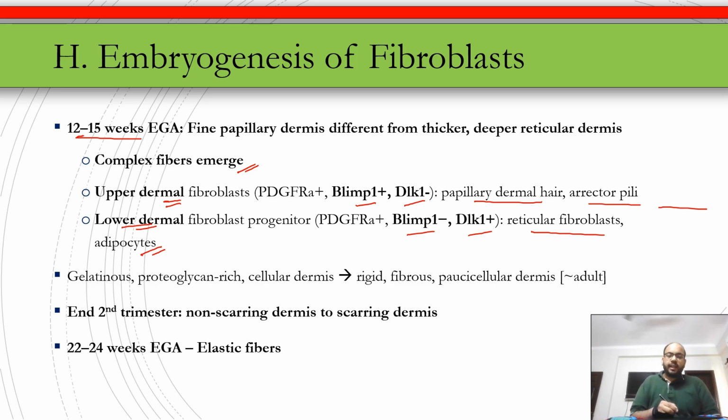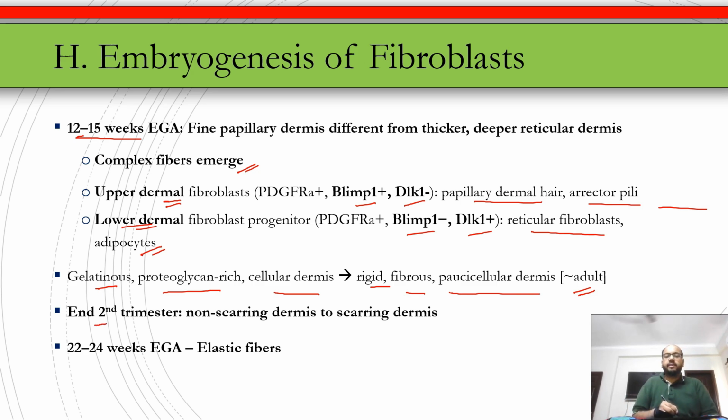Clear? Gradually, the gelatinous proteoglycan-rich cellular dermis will be replaced by a rigid fibrous paucicellular dermis similar to that of an adult. So the proteoglycan-rich gelatinous dermis will be replaced by a hard fibrous paucicellular adult dermis.